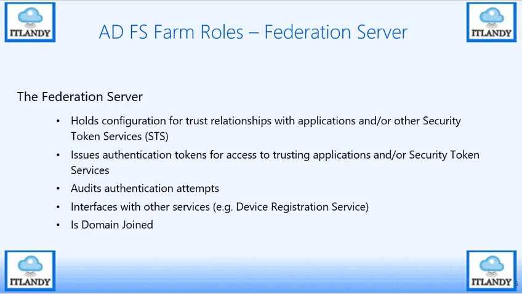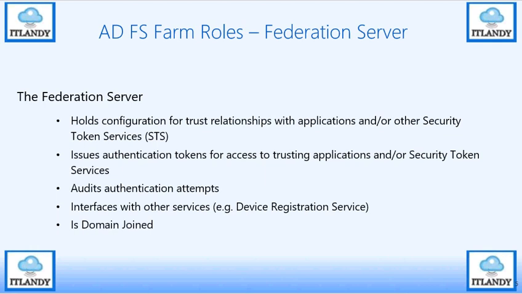ADFS farm roles: the federation server will hold the configuration for the trust relationship with applications and other security token services. It issues authentication tokens, accesses trust, secures tokens, audits authentication attempts, interfaces with others, and must be domain joined.